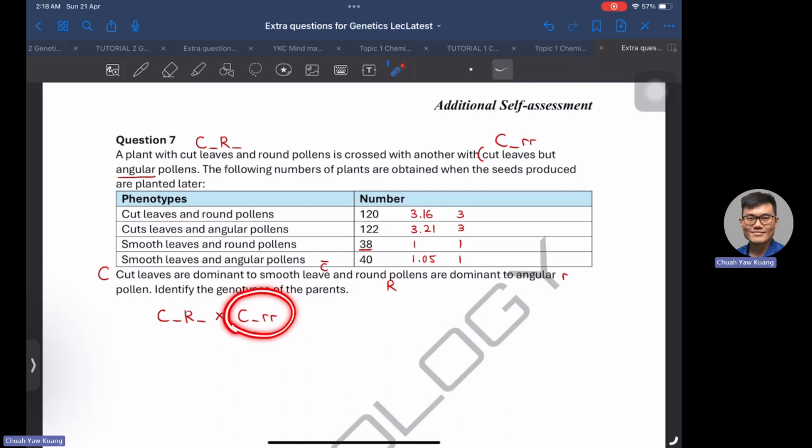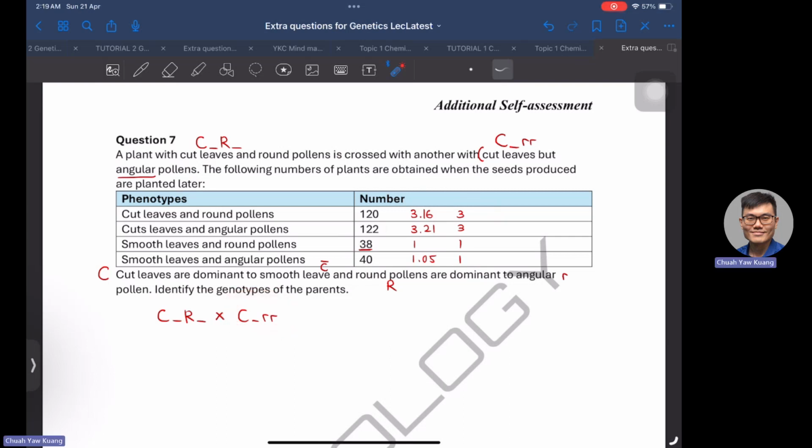That means they have to do a test cross first, and only then can they have this type of ratio, 3 to 3 to 1 to 1, or 4 to 4 to 1 to 1, or some ratio like that. Obviously this is confirmed not a linked gene, because it is crossing with an individual that is not homozygous recessive for both of the traits.